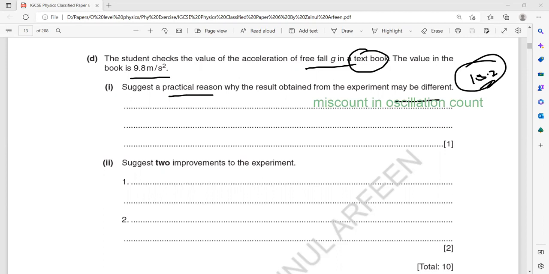Maybe there is a parallax error in measurement of the length, or reaction time is involved when measuring a time interval, which may lead to an error. Their time to react, that is right. We have to mention experimental technique here, a practical reason why the results obtained are different.